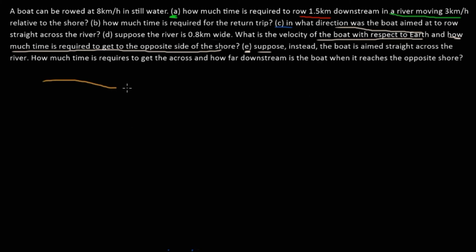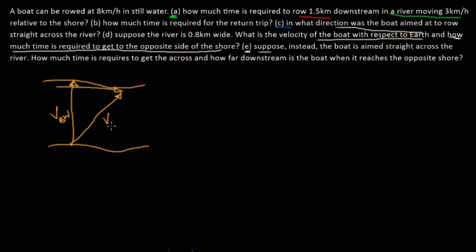That means instead of bending it in order that it will eventually be straight up, if we had set it straight like this, and then when the wind comes over, it affects it, and then it eventually comes in this direction. Now suppose instead the boat is aimed straight across the river. If the boat is aimed straight out, this will be the velocity of the boat relative to the water.